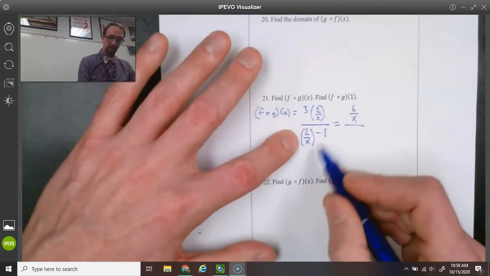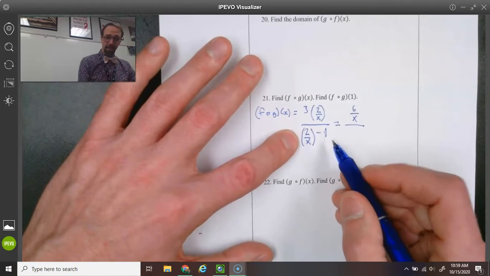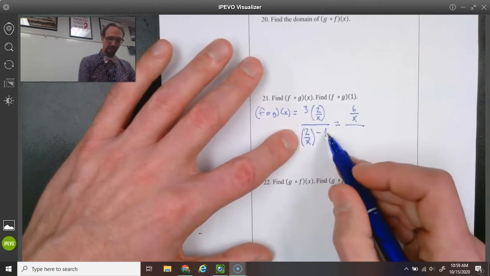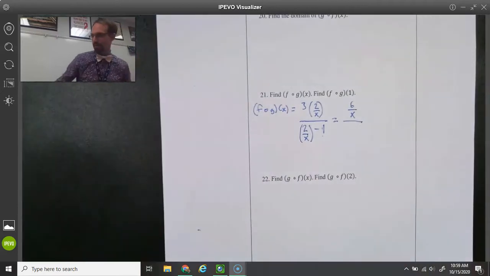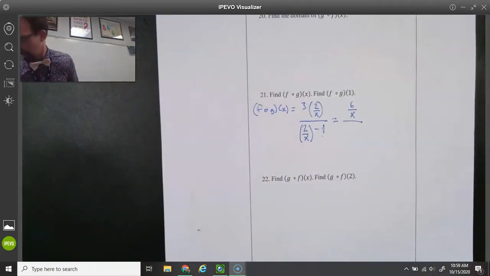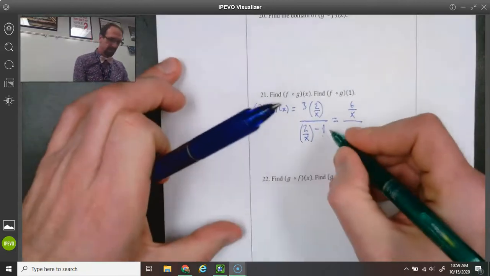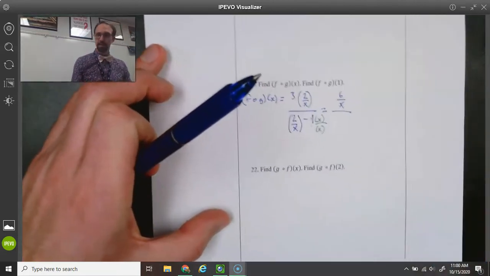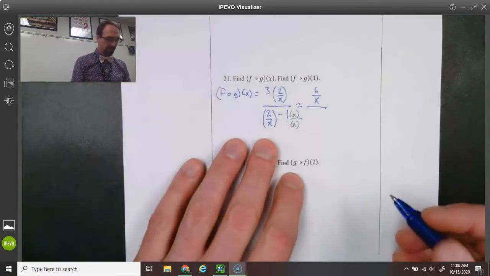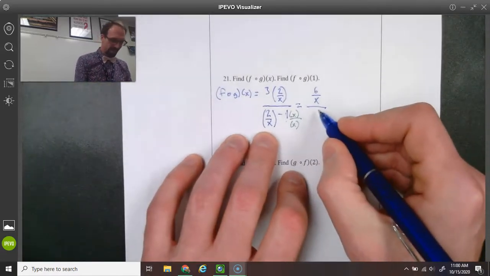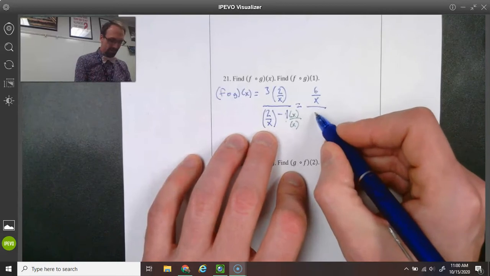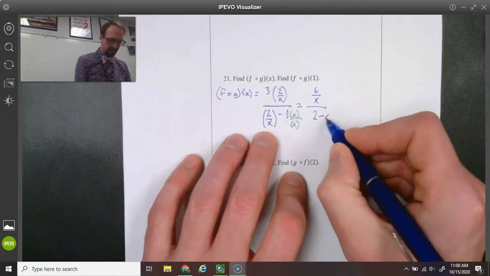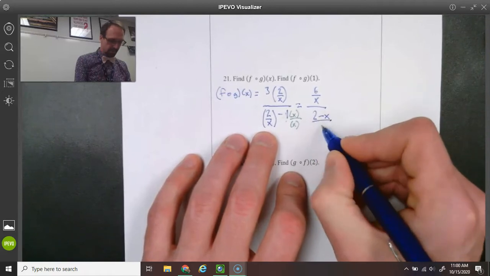And then for the denominator, we need to subtract to combine like terms. So I'm going to have to multiply x over x here to combine that. Let me show you with a different color what that's going to look like. So I multiply x over x. I don't know if you can tell that's a different color. It is, I promise. So this is going to be 2 minus x over x.